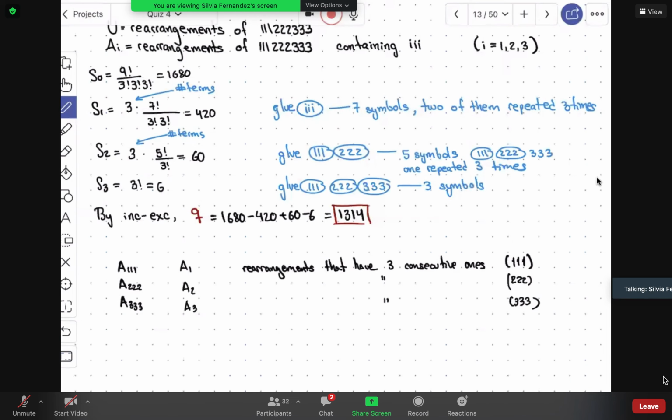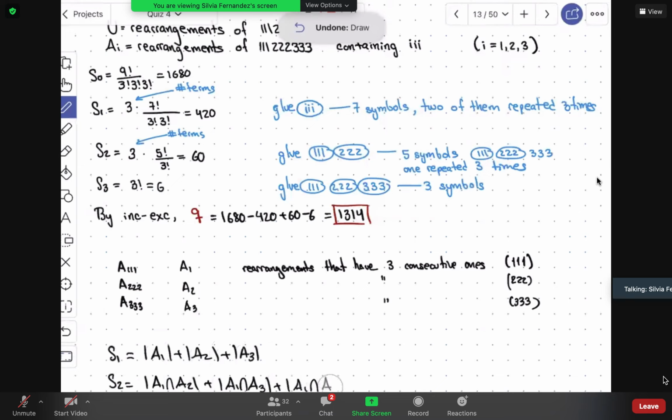Your S1 is the cardinality of A1 plus the cardinality of A2 plus the cardinality of A3. The S2 is the cardinality of the intersections, which, if you follow the notation used in the book, you don't need to write the intersection symbol.